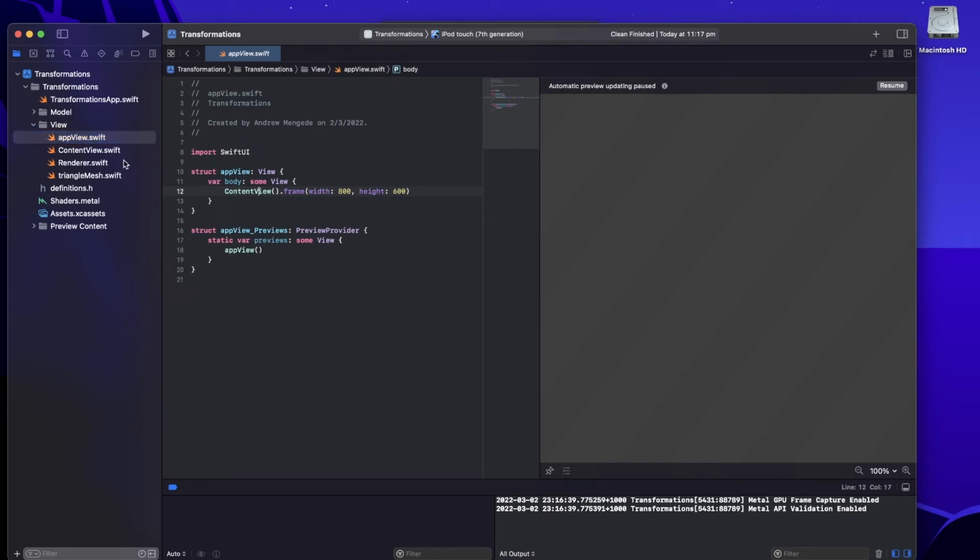I've got this separate thing here. So for instance, we can embed this within a vertical stack.